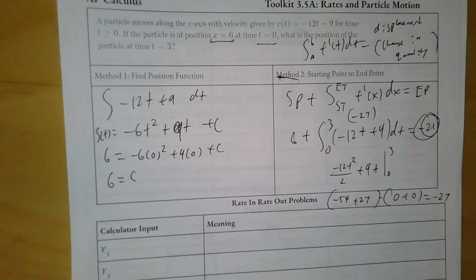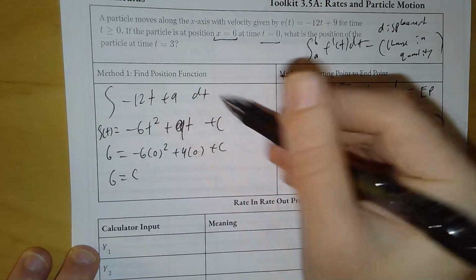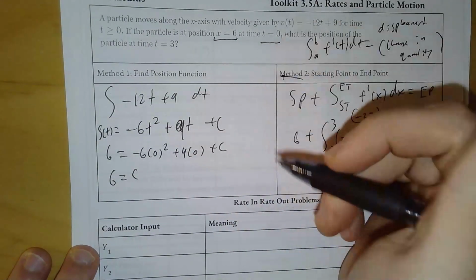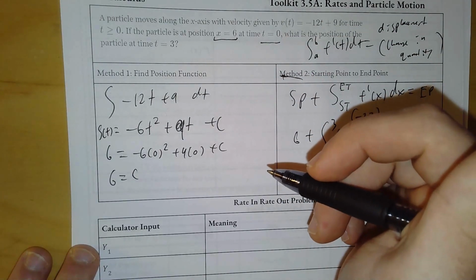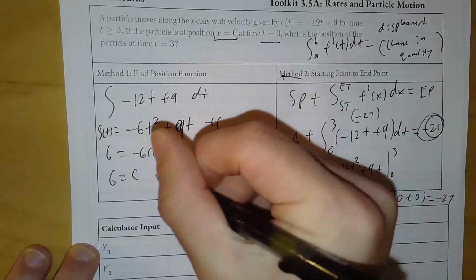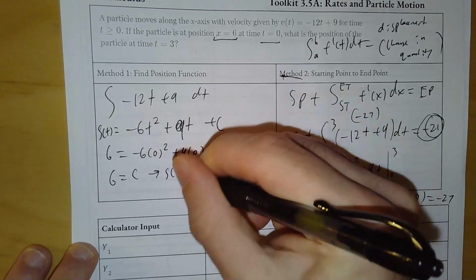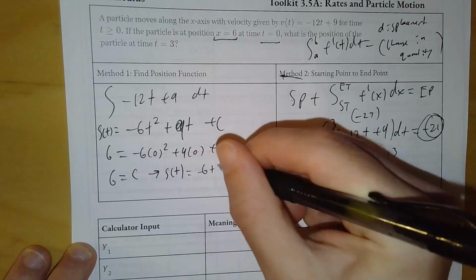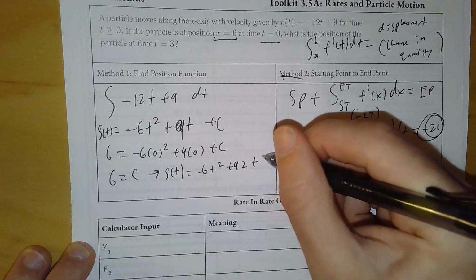Since we know that 6 equals c, I can then replace that into this function here. So I can write s of t equals negative 6t squared plus 9t plus 6.